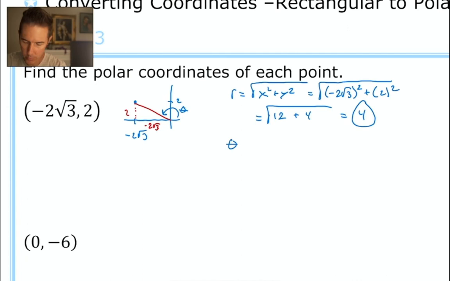Theta is equal to the inverse tan of y over x, that's opposite over adjacent, which in this problem is equal to the inverse tan of our y value, which is 2, over our x value, negative 2 root 3.